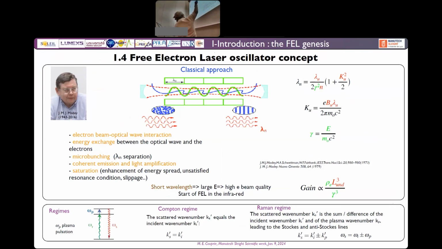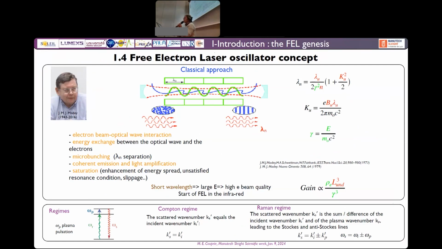So to start with FEL, it's better to start with the infrared, where it is simpler to have gain. Then we can also define two regimes, whether we neglect or not the plasma pulsation. And I will consider only the Compton regime here, where we do neglect this plasma pulsation.